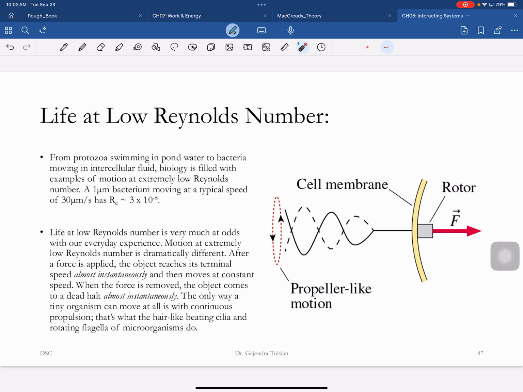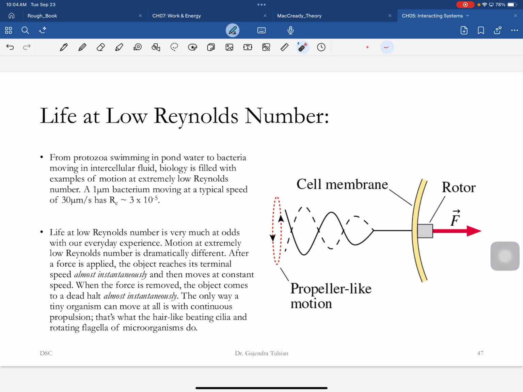And then what does the fluid do? As per Newton's third law, the flagella motion pushes the fluid back, and the fluid pushes you forward. So if this was a microorganism, it starts rotating its flagella, and it starts moving. It reaches terminal velocity almost instantly. The instant it stops moving the flagella, it'll stop.